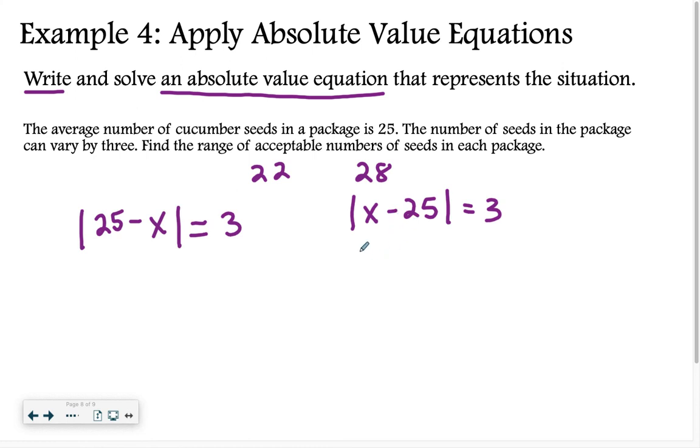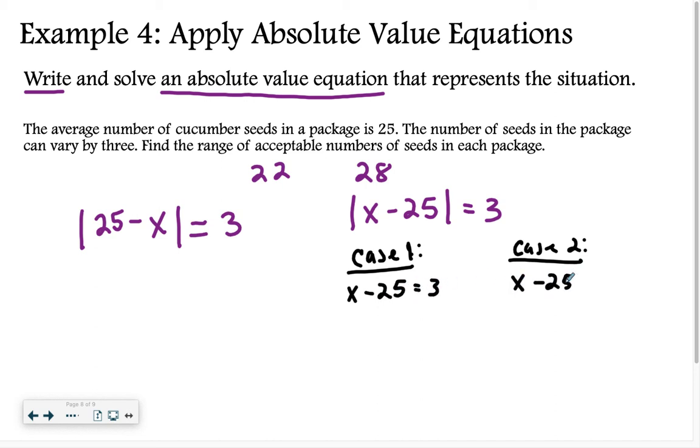So if I do that, then I'm going to split it in case 1 and case 2, right? So then I'd have x minus 25 equals 3, and I would have x minus 25 equals negative 3. So then if I move this 25 over, I would have x equals 28. And then if I move this over, I have x equals 22.